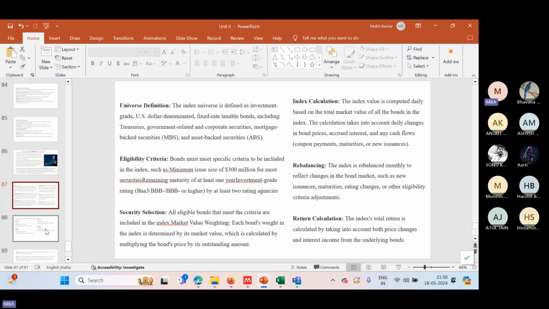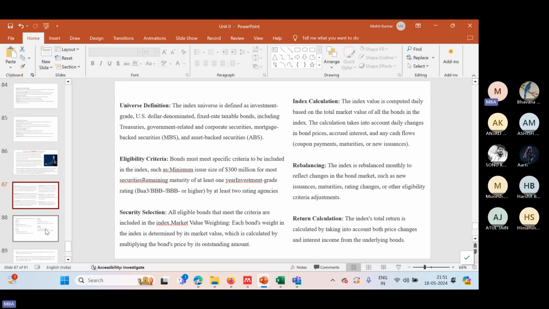To calculate a bond index, you need to have certain knowledge. First you need to define what kind of bonds and what assets you are including in that index. Then there is an eligibility criterion, that a particular type of bond with X amount of money should be included in that index.